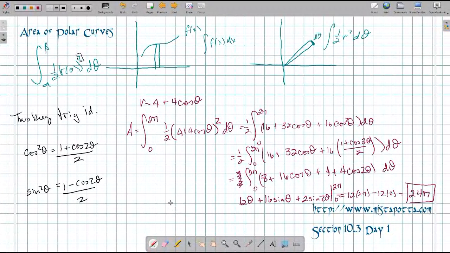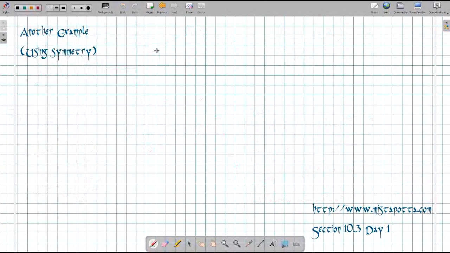So I want to do one more example of this. And so I want to deal with this using symmetry, because a lot of our graphs have symmetry when I'm dealing with them. So if I want to take a look at 4 times the cosine of 3 theta, this is our flower, this is a rose, and because I'm dealing with cosine, I'm starting here.